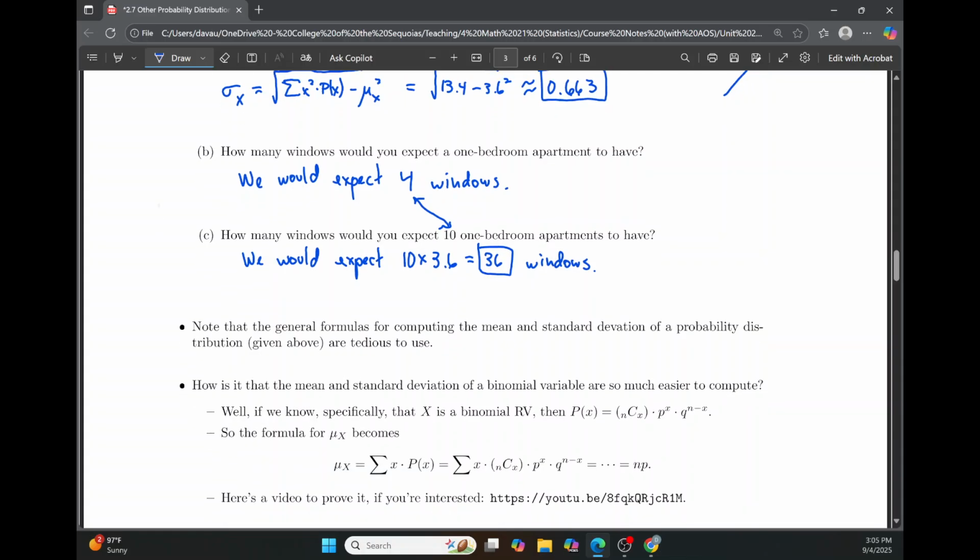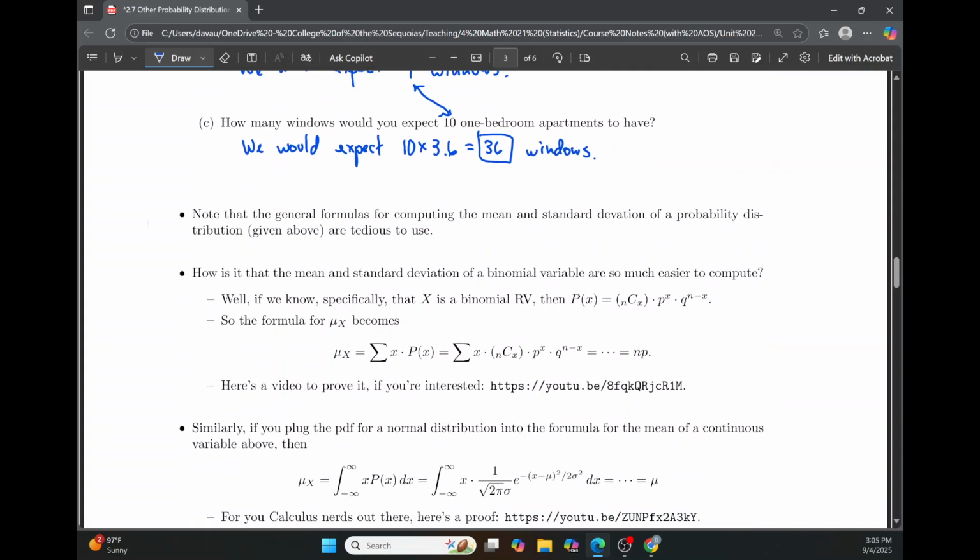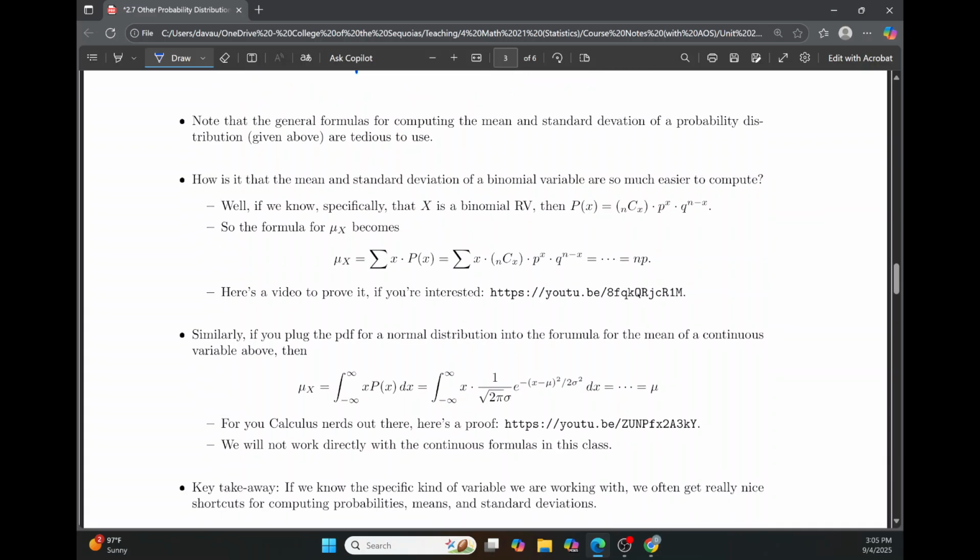So that begs the question, why was it so much easier when we had a binomial variable? Here's something that I think is kind of interesting, and here's how we can prove that this is true. For a binomial variable, if you take the formula for the mean of a discrete variable and plug in the probability density function for a binomial variable for p of x, you end up with this expression.